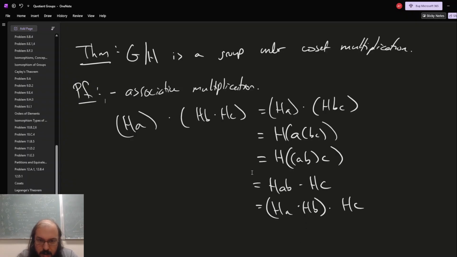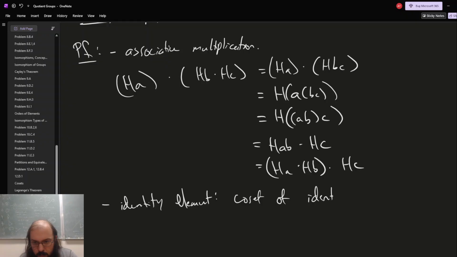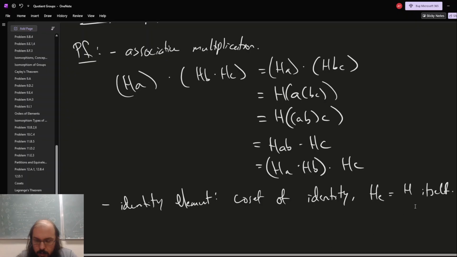The next thing we need is an identity element, a neutral element. This is the coset of the identity, namely He, or just H itself. And we know that that works because of the previous discussion on cosets.